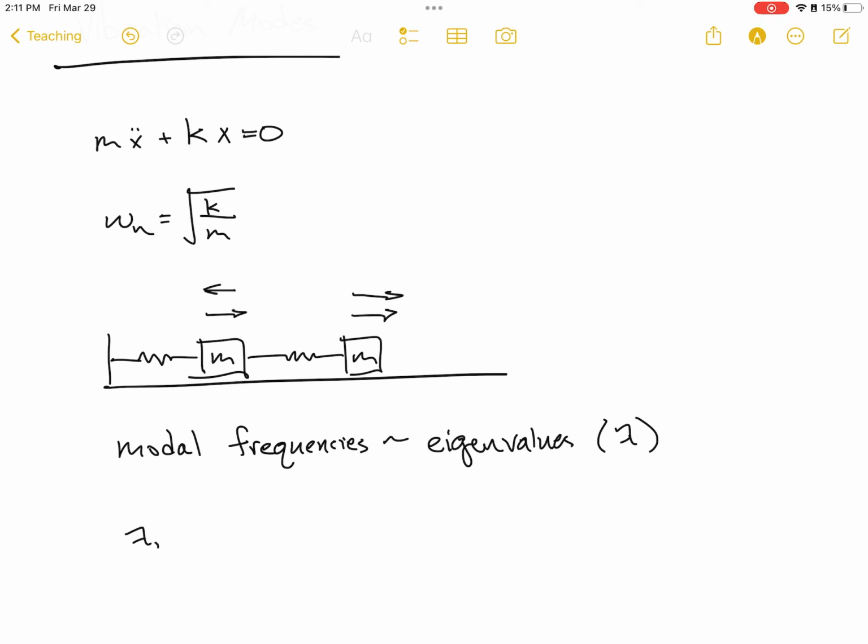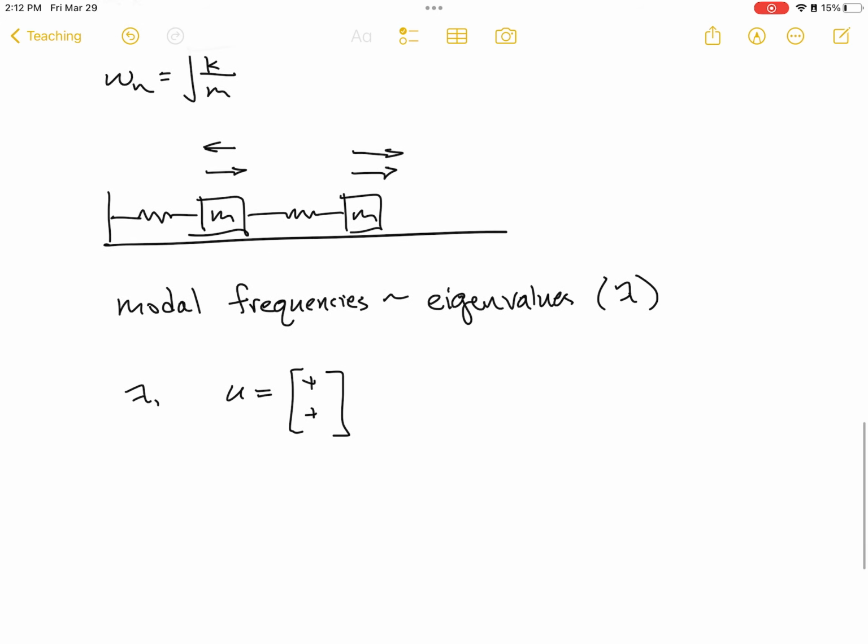So with lambda 1, you're going to have some eigenvector u that's equal to a positive number and a positive number. And that means that the masses move together in the same direction. And with lambda 2, this is a 2-mass system, there will be 2 eigenvalues.